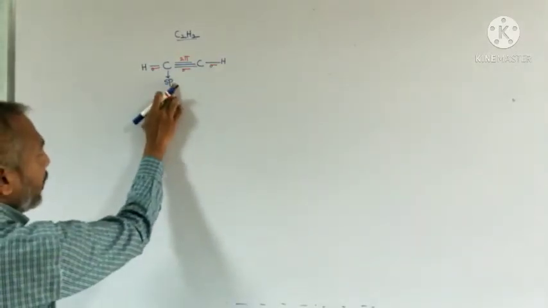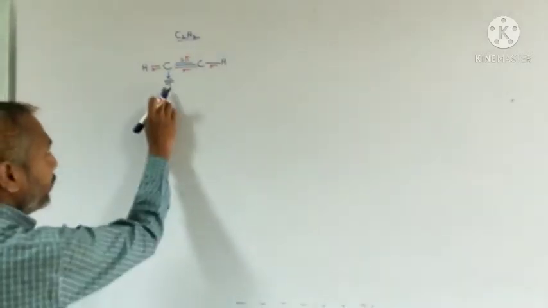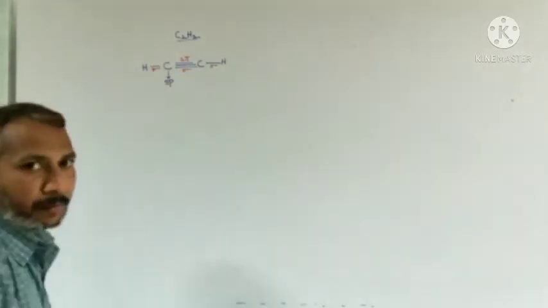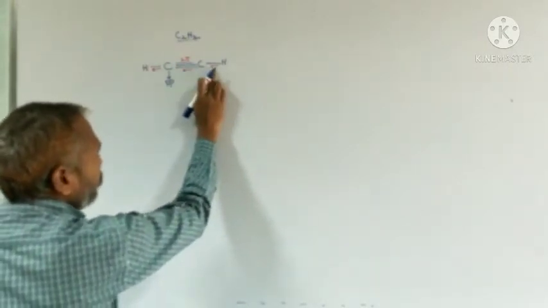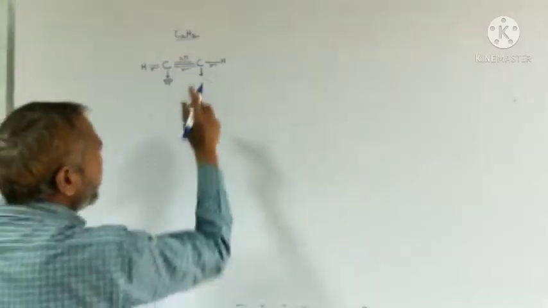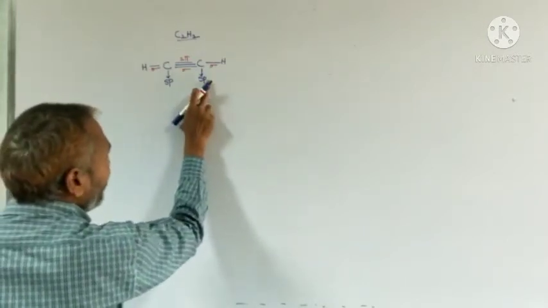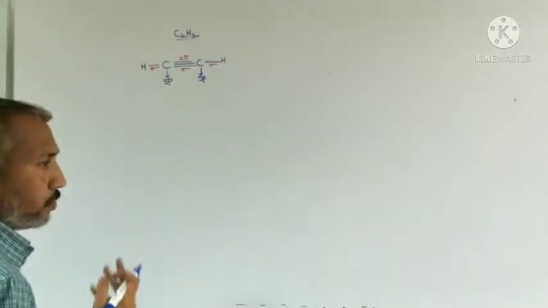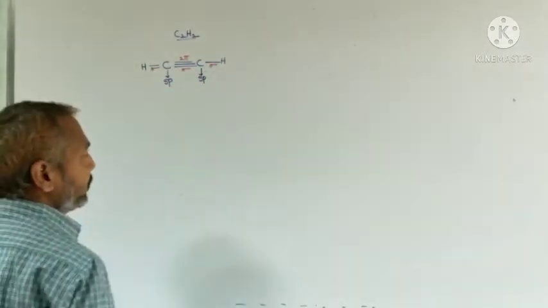One s orbital and one p orbital intermix to form 2 sp hybrid orbitals, which form 2 sigma bonds. Next, this carbon also contains 2 sigma bonds. If an atom possesses 2 sigma bonds, it undergoes sp hybridization, forming 2 equivalent sp hybrid orbitals.